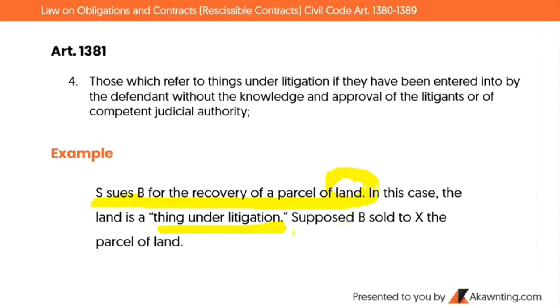Nabanggit naman kasi dito. Suppose B, binenta niya yung land na yan kay X. So, ano mangyayari? Yung contract between B and X will be a rescissible contract. Pero inuulit ko, ang rescissible contract ay valid, binding, and enforceable. Pero pwede siyang i-avoid or pwede siyang ipa-rescind.